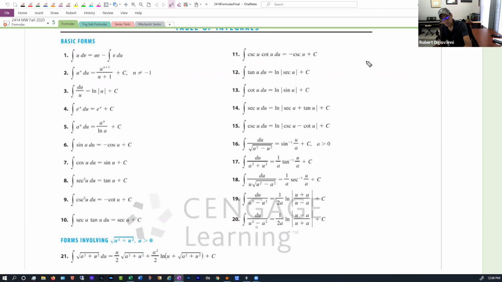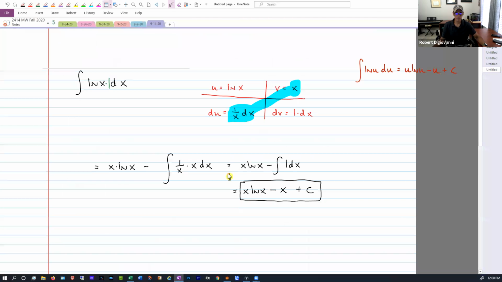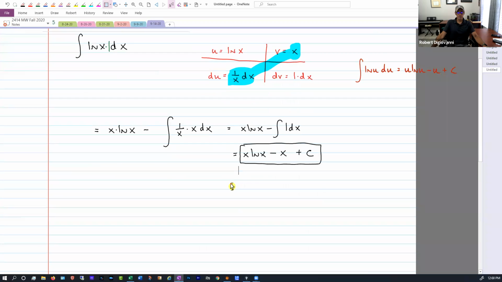You can write the integral of natural log of u du is equal to u natural log u minus u plus c. So feel free to add that to your formula sheet, all right? Okay, pretty cool, huh?